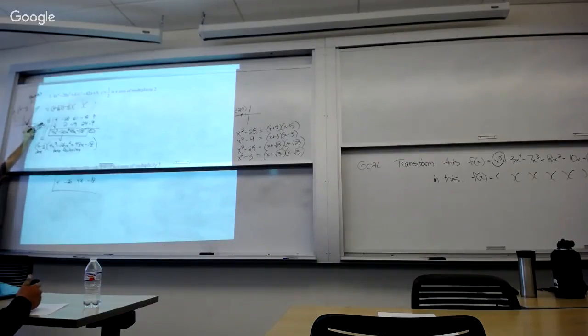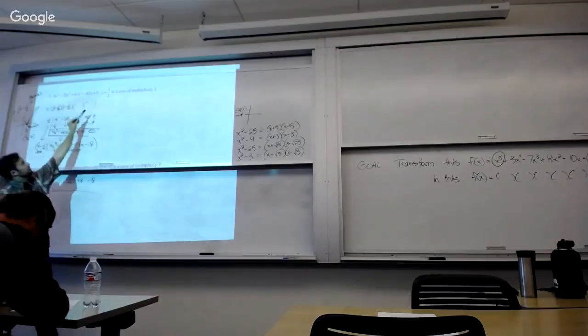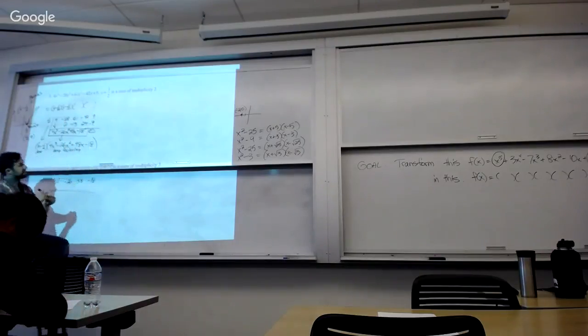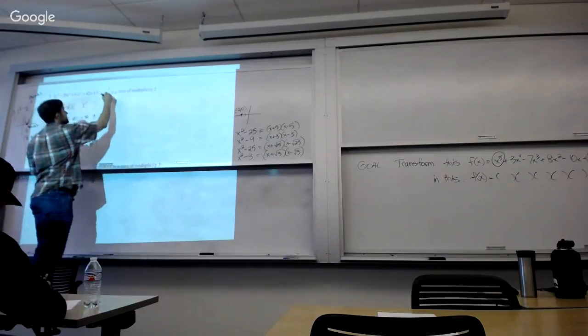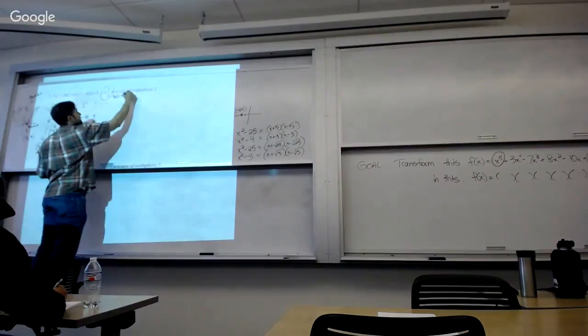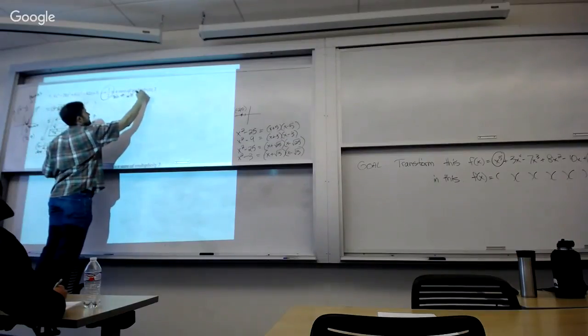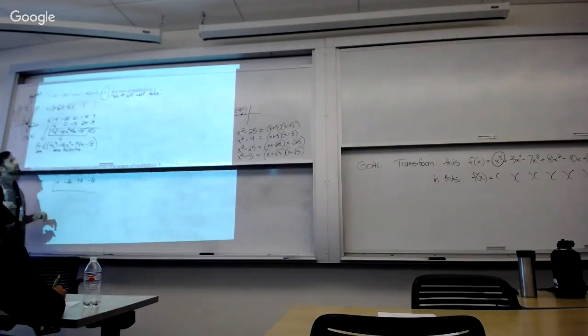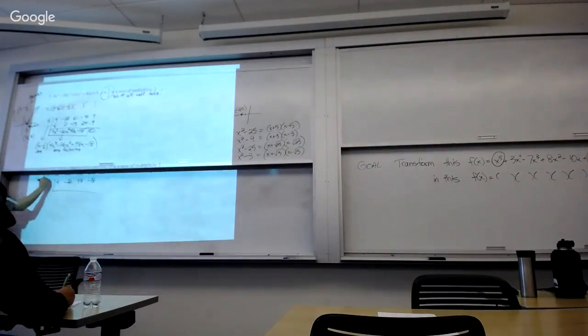We plug in the 1/2 again because they told us that 1/2 is a 0 with multiplicity 2. What that means is the 1/2 will work twice. You might want to say that. This number will work twice. It means that you can plug 1/2 into the synthetic division process twice, and it's going to give you a 0 both times.